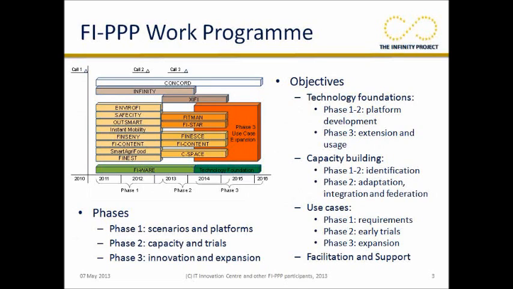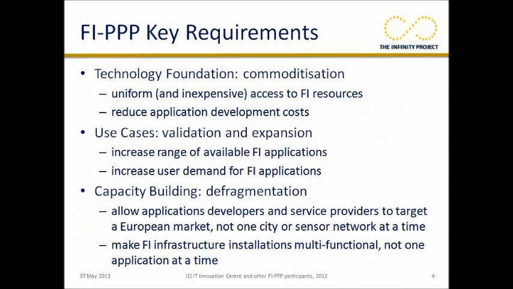And of the 4 different objectives, one is concerned with the technology, how you access the technology and uniformity of access. One is about capacity building, which is about essentially test beds and infrastructure. And one is about use cases, which is applications and markets. And there's a facilitation objective as well. So we can go on for 5 slides about that if you want.